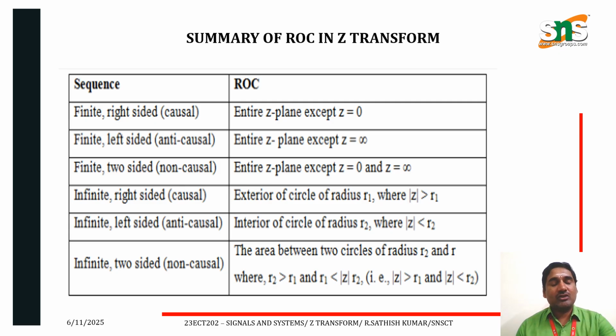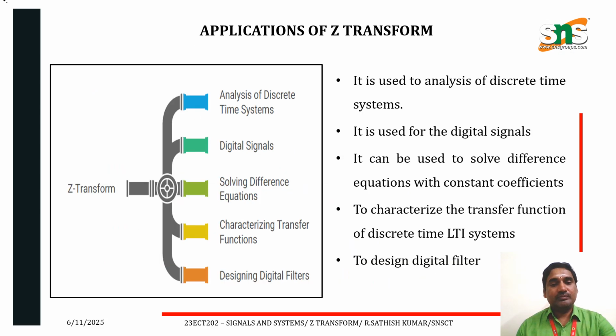For an infinite left-sided anticausal sequence, the interior of a circle of radius r2, when modulus of z is less than r2. For an infinite two-sided non-causal sequence, the area between two circles where r2 is greater than r1, that is r1 less than modulus of z less than r2.